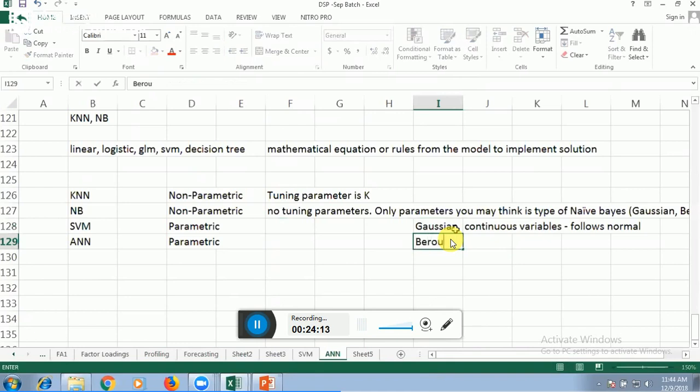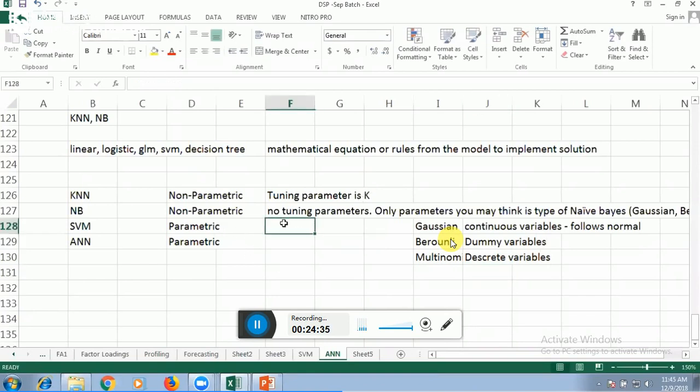Bernoulli works with categorical variables, you can say dummy variables. And multinomial works with discrete kinds of variables.